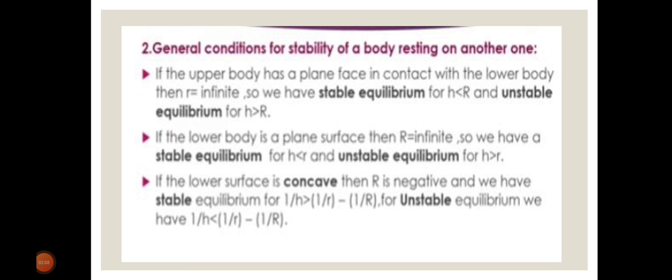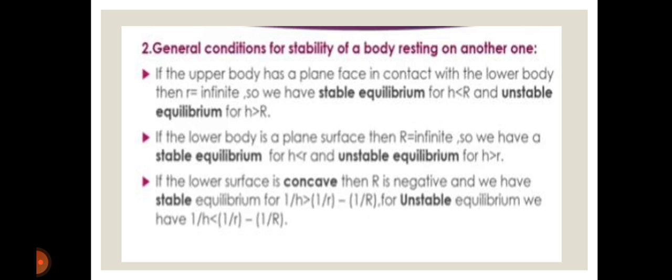The second condition is the general condition for stability of a body resting on another one. If the upper body has a plane face in contact with the lower body, then R is equal to infinite. So we have stable equilibrium for H less than R and unstable equilibrium for H greater than R. Second, if the lower body is a plane surface, then R is equal to infinite.